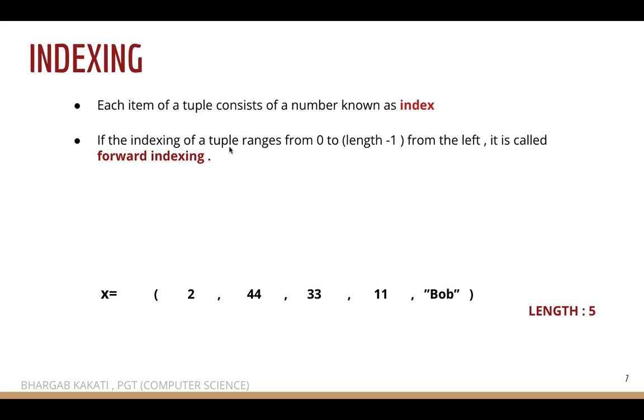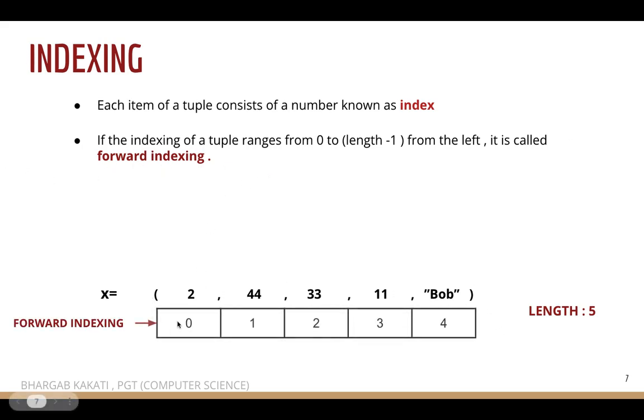If the indexing of a tuple ranges from 0 to length minus 1 from the left, it is called forward indexing. So this is left, this is right. If the indexing starts from 0 and goes to length minus 1, because length is 5, length minus 1 is 4, so if it is going from 0 to 4, that means it falls under forward indexing.